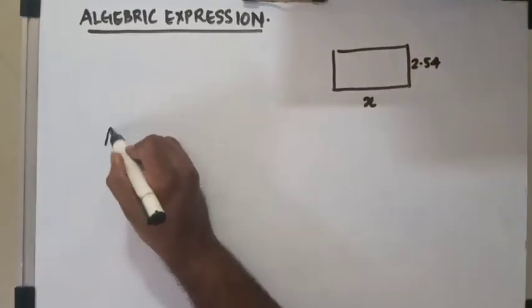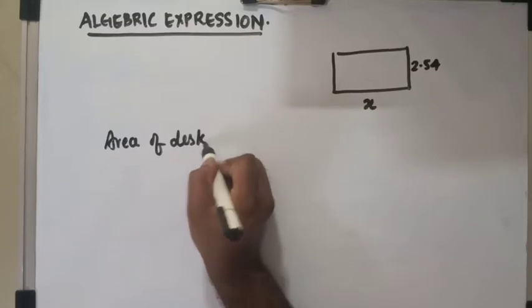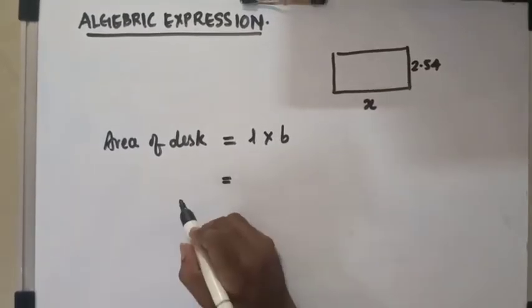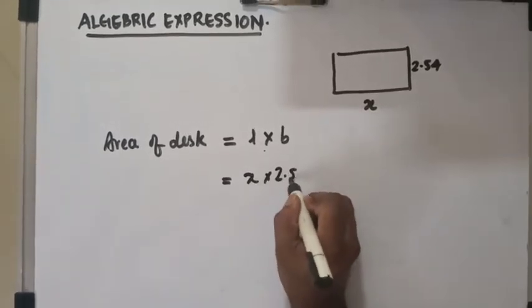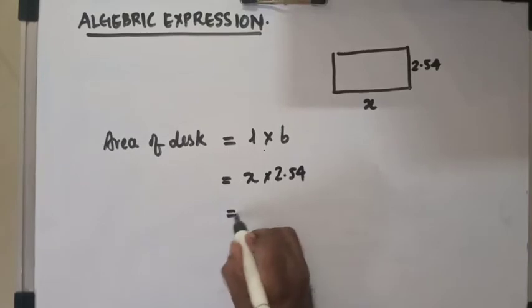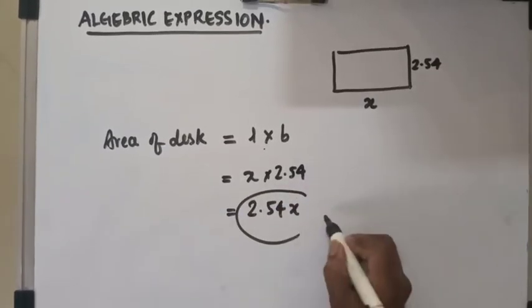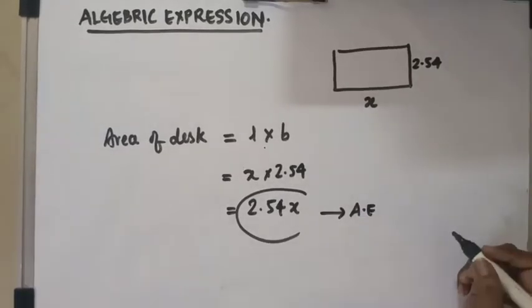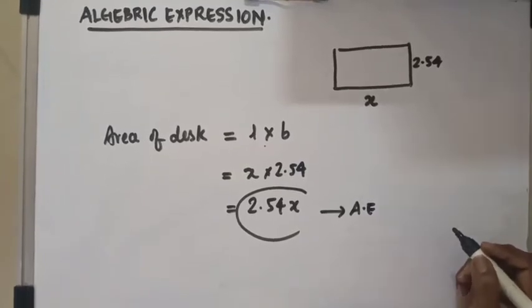Area of desk will be equals to length into breadth. Length is x, and breadth is 2.54. So this becomes 2.54x. So this gives me what? An algebraic expression.